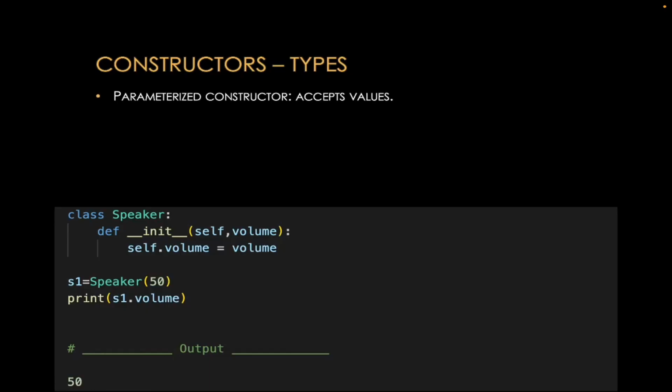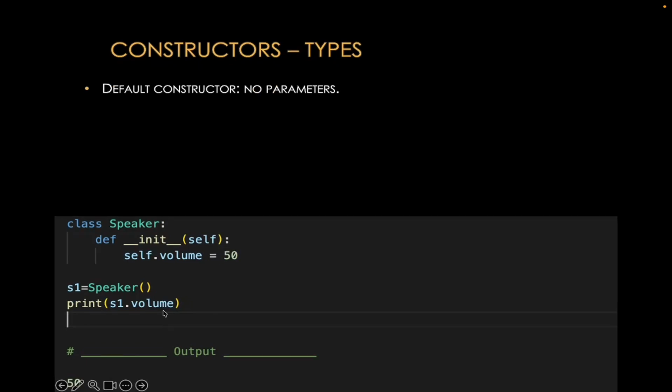Self is a mandatory parameter which all the methods should have, but here we will count it as one parameter because only volume needs to be passed. Self is automatic. So here we are sending a value 50 which will be set in the volume and we can print it.